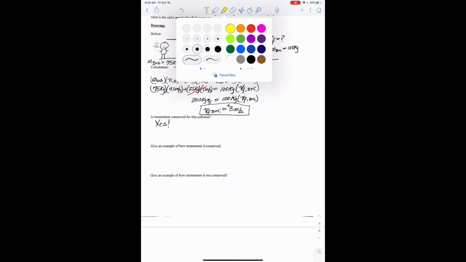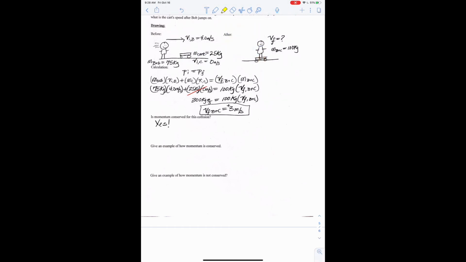Let me see if I can get my highlighter going here. And we can see from our momentum balance, if we go up to this point right here where I just highlighted, that the momentum initial of both objects is equal to the momentum final of both objects.